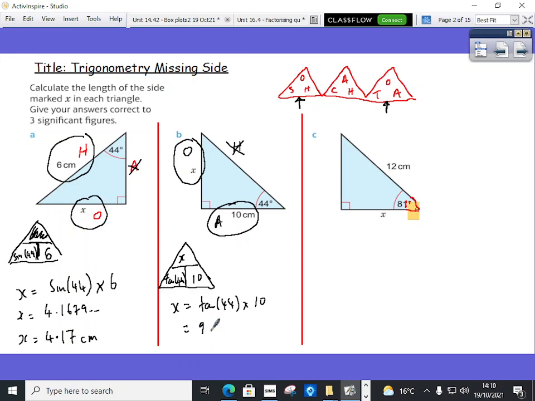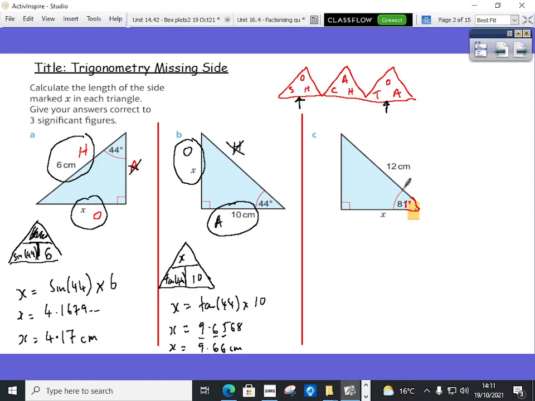On the calculator, that gives me 9.6588, etc. I want it to 3 significant figures, so 1, 2, 3. The next digit is 5 or more, so we round up, so that becomes 9.66 centimeters. Always write the units.